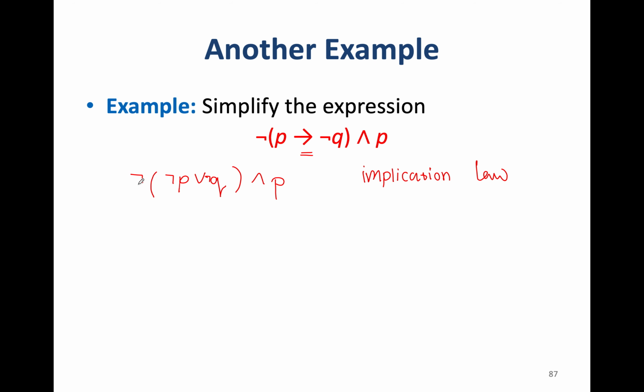Now we've got this negation on the outside. So in order to distribute this negation, we are using De Morgan's law.